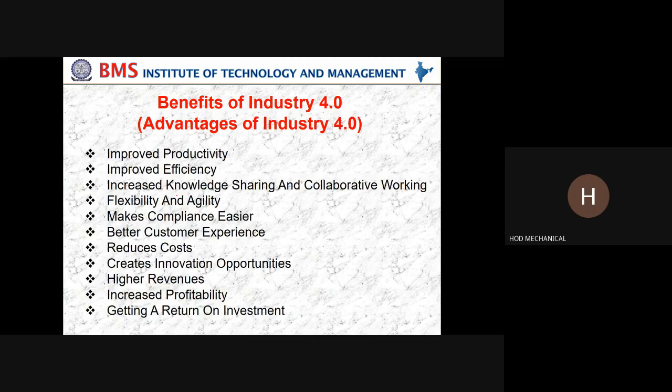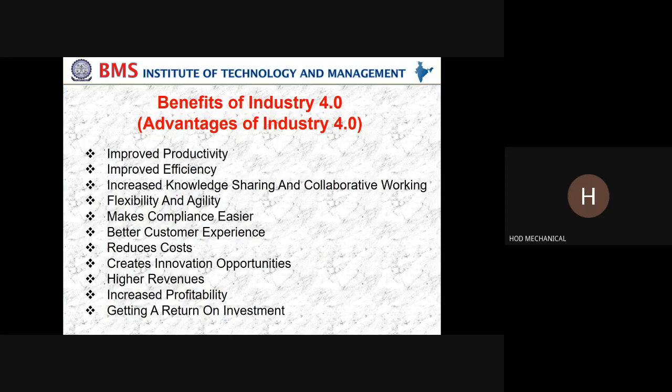The collaborative working has come into the picture because of the integration that is possible. In the previous case we discussed the components of Industry 4.0, where there is horizontal and vertical integration, which says communication between the same level, and also communication between the hierarchical levels.